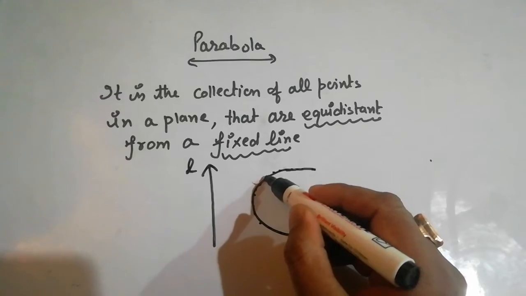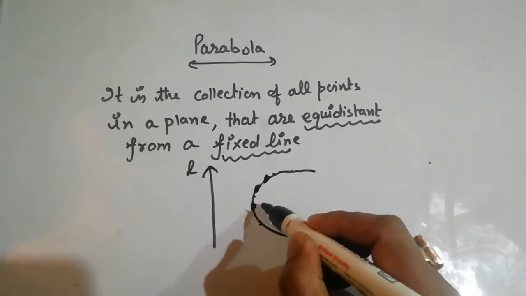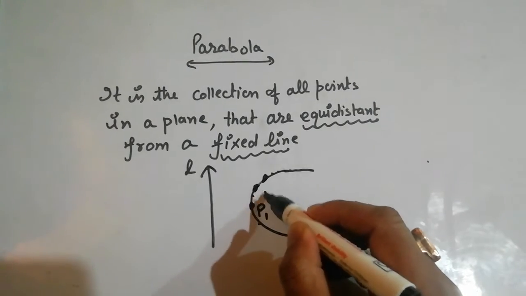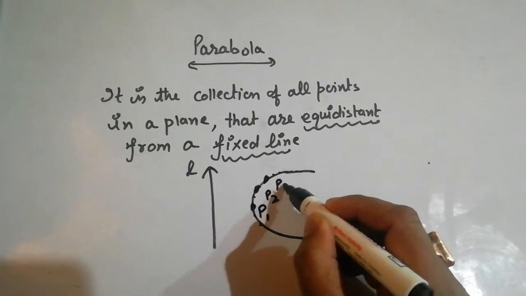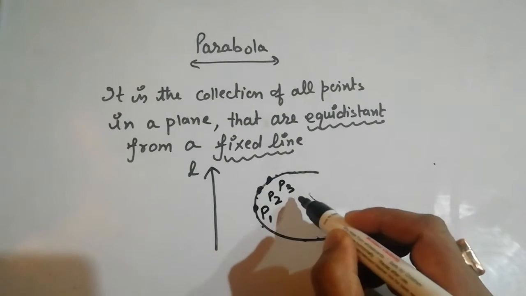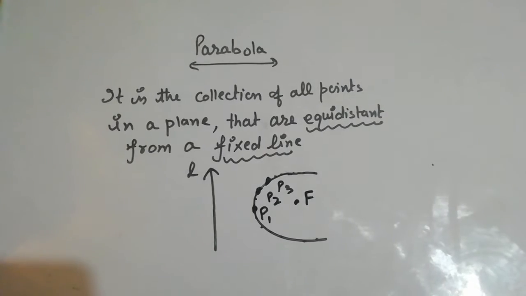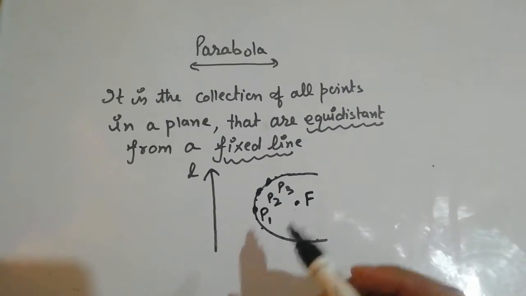So here I'm considering any three points. Let one point be B1, the second B2, and the third B3. And let this be your focus. This is the focus of the parabola.